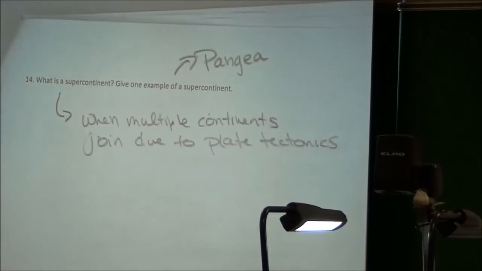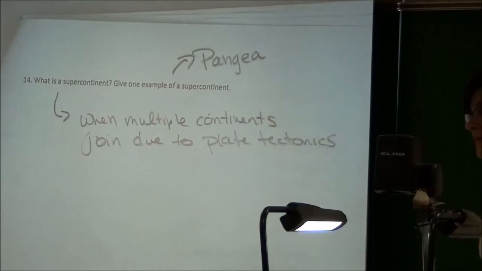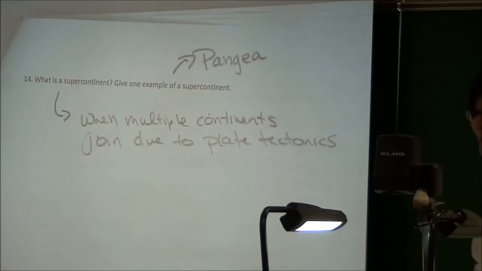Now there's been more than one massive supercontinent. There's been Pangea, there's been Gondwana, there's been Rodinia. Gondwana was actually a precursor to Pangea that eventually slammed into Laurentia, which is what we're standing on. Laurentia would eventually become North America, and that formed Pangea.